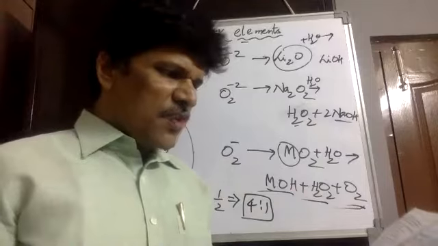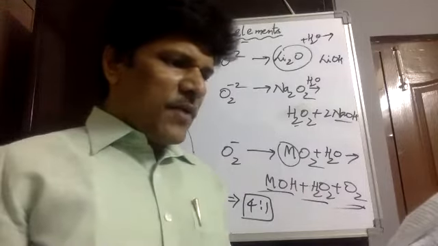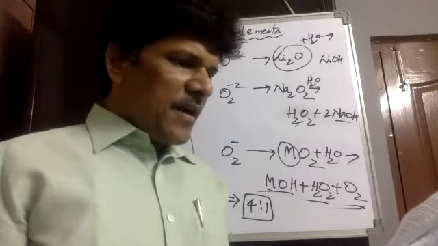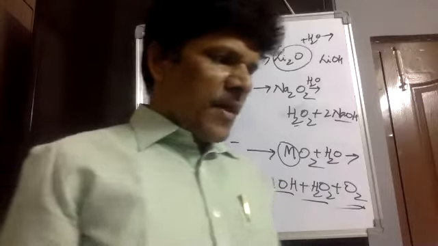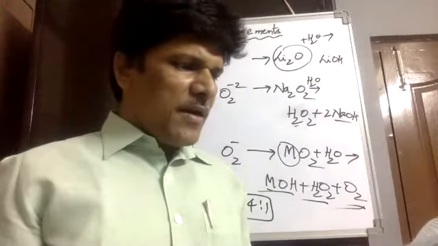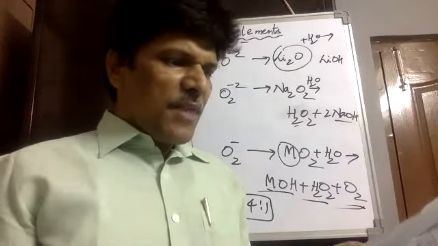Then 48, the last question in S block elements. The number of elements among the following that will form nitrides when heated in an atmosphere of nitrogen. Lithium reacts with nitrogen to give lithium nitride, also calcium nitride, barium nitride, strontium nitride, magnesium nitride.